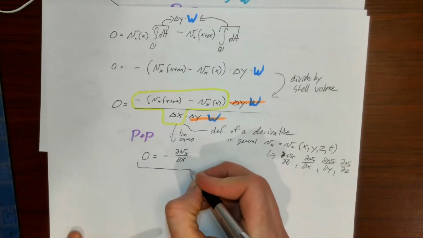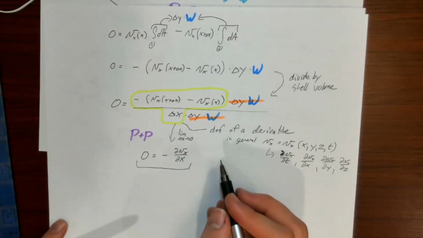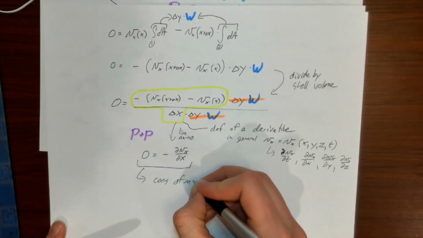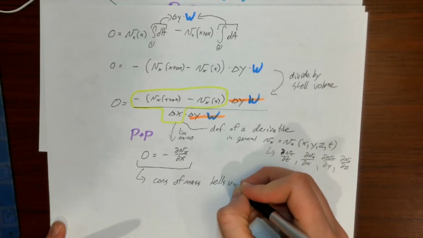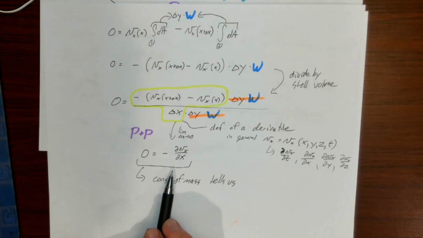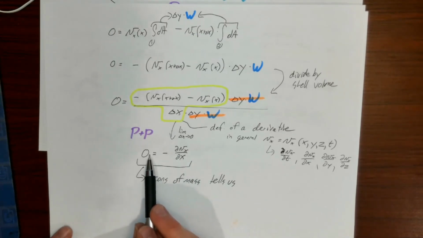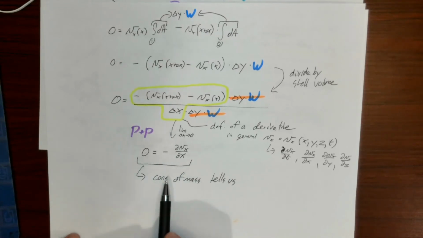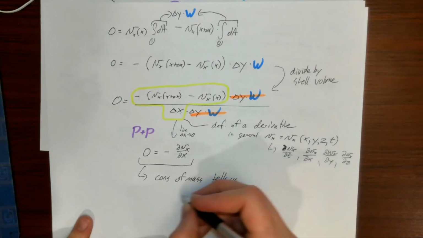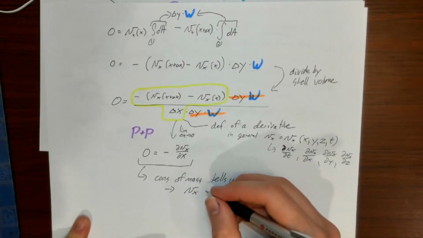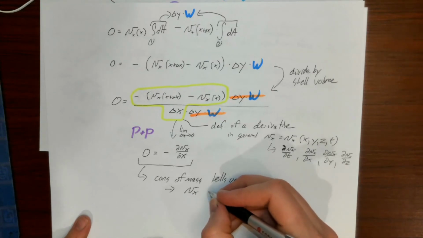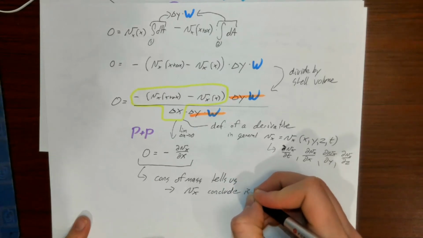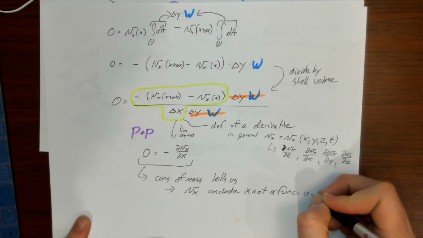So what does this mean? Well, based on this result from conservation of mass, dVx/dx is 0, and if dVx/dx is 0, that basically means we can conclude that Vx is not a function of x.